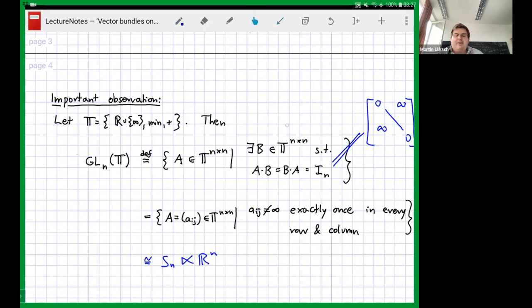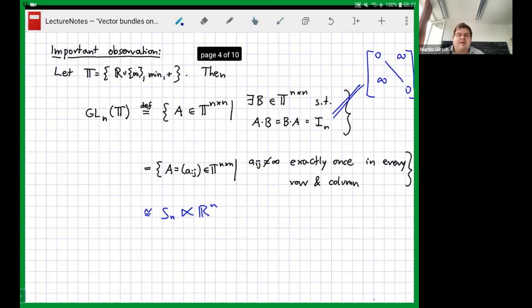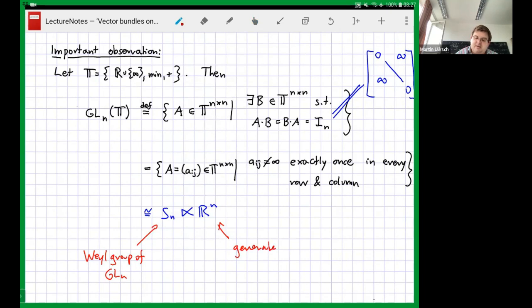And before I continue, I want to just say two words for the experts in the audience. Notice that this S_n is the same thing as the Weyl group of GL_n, and the R^n is generated by the cocharacter lattice of the maximal torus, the diagonal maximal torus G_m^n in GL_n.